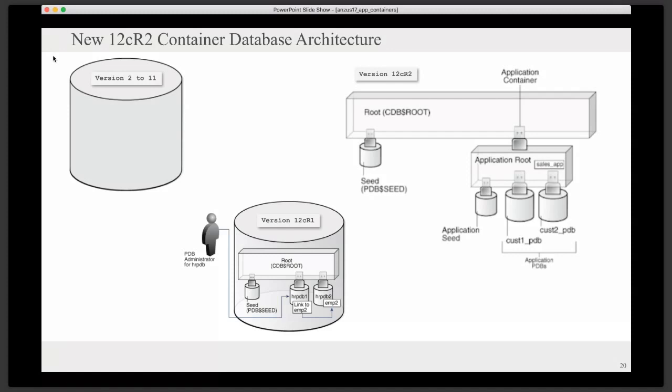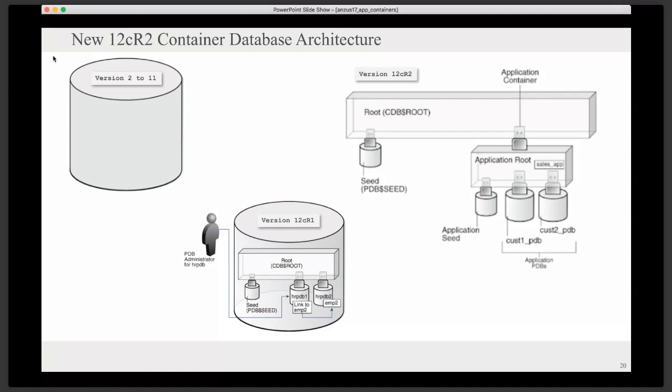You could create an application seed that was essentially a copy of your application that you could then clone. And then each of the pluggable databases, they show them here as customer 1 PDB, customer 2 PDB, would be an inherited copy of your application.